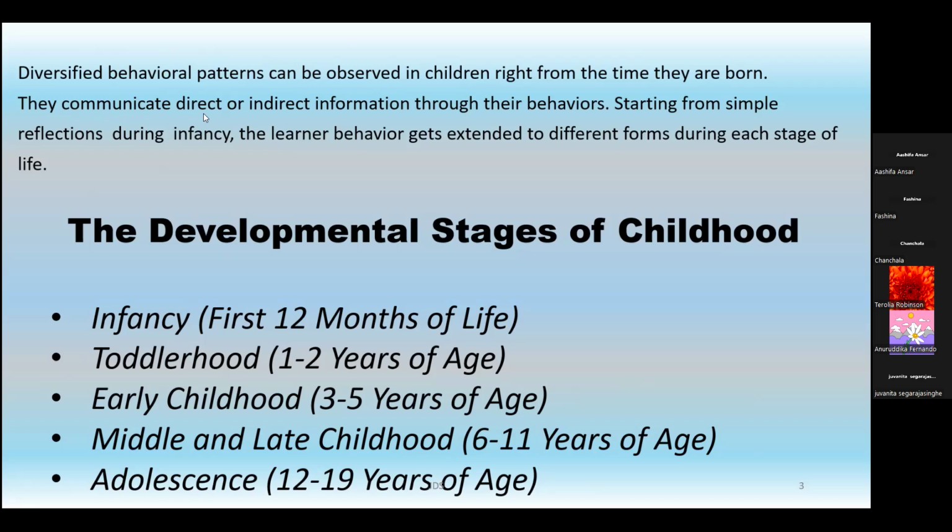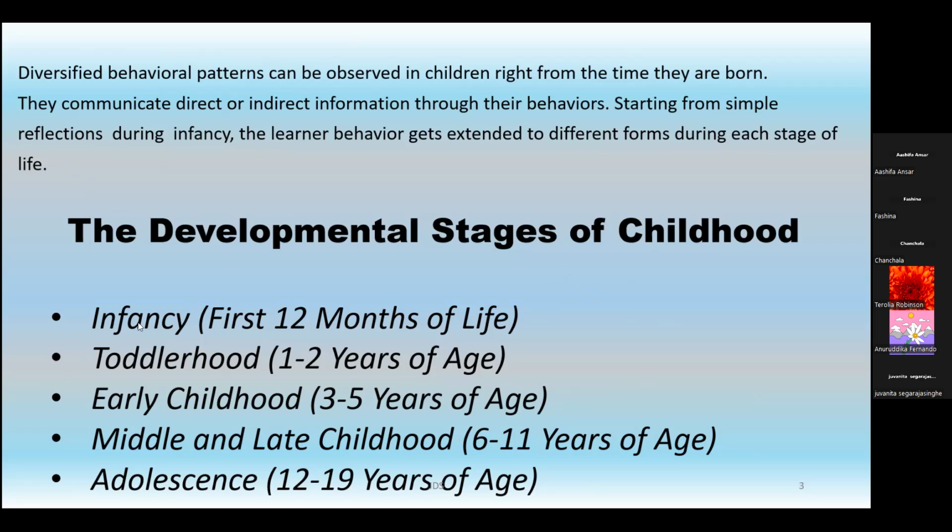They communicate direct or indirect information through their behavior. So in each of these stages, directly or indirectly, the child is trying to communicate something to the adult or to the person who is next to him. Starting from simple reflections during infancy, the learner behavior gets extended to different forms during each stage of life.